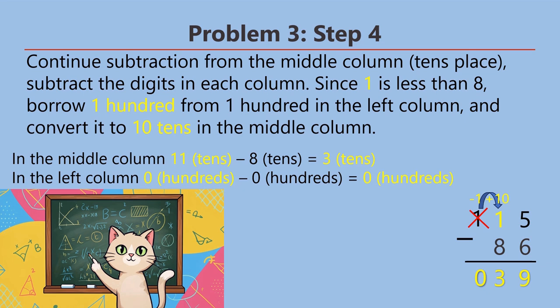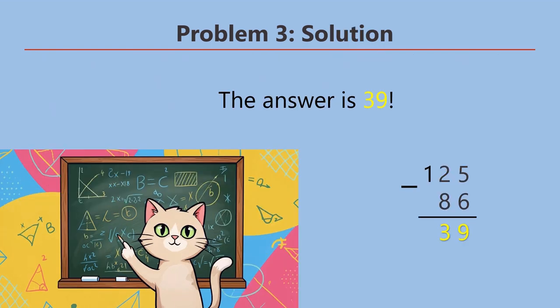Since 1 is less than 8, borrow 100 from 100 in the left column, and convert it to 10 tens in the middle column. In the middle column, 11 tens minus 8 tens equals 3 tens. In the left column, 0 hundreds minus 0 hundreds equals 0 hundreds. The answer to problem 3 is 39.